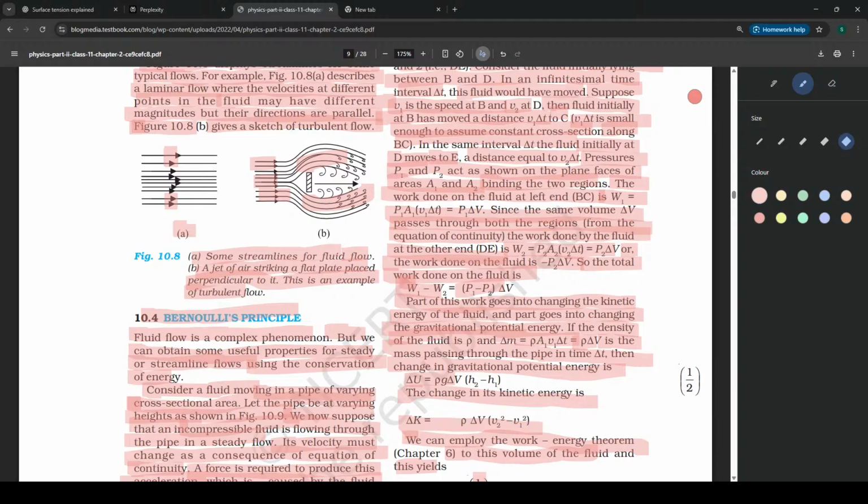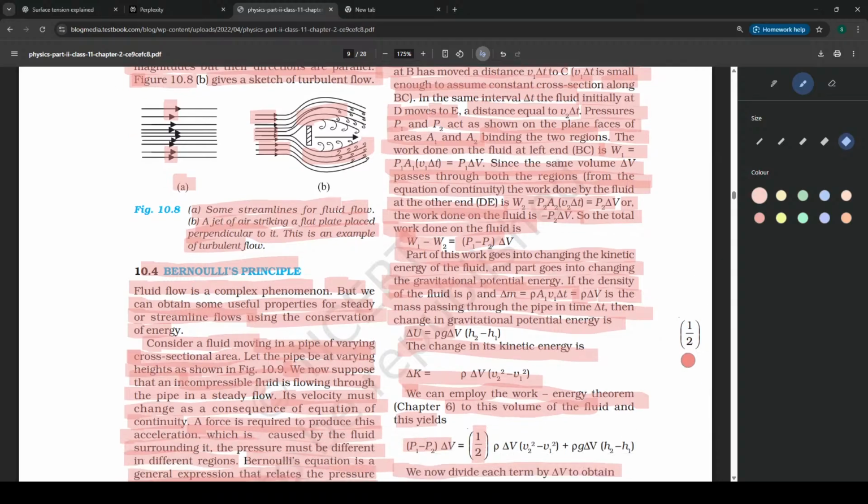That is the equation that we converted into P1 delta V since volume is constant. And W2, which is the same thing, P2 delta V. And for the total work done, we just subtract the two. Final minus initial or initial minus final. Depending on that, we will get the work done on the fluid.